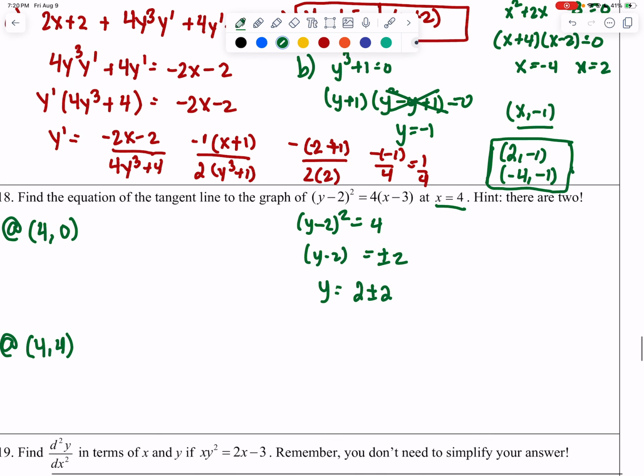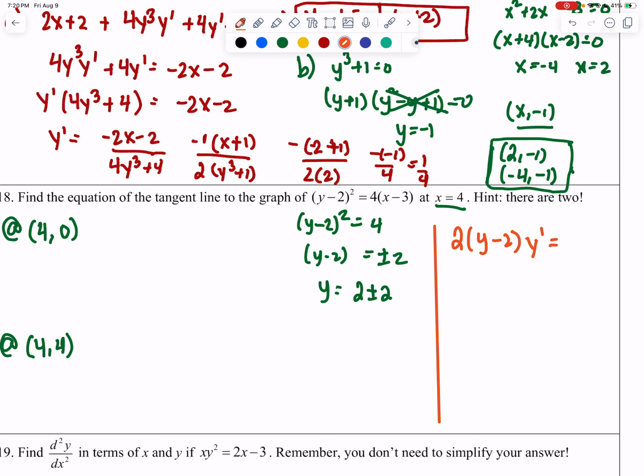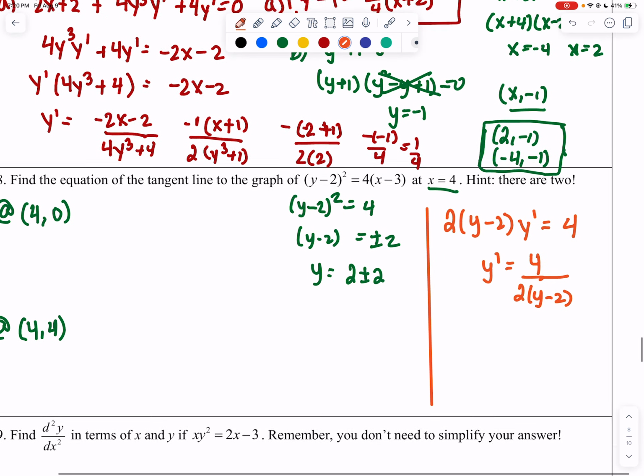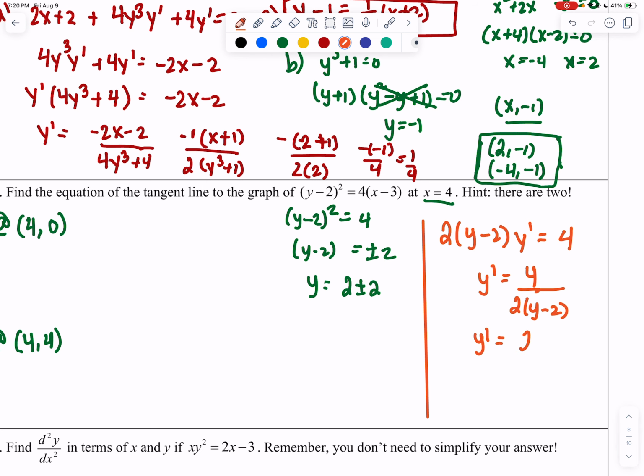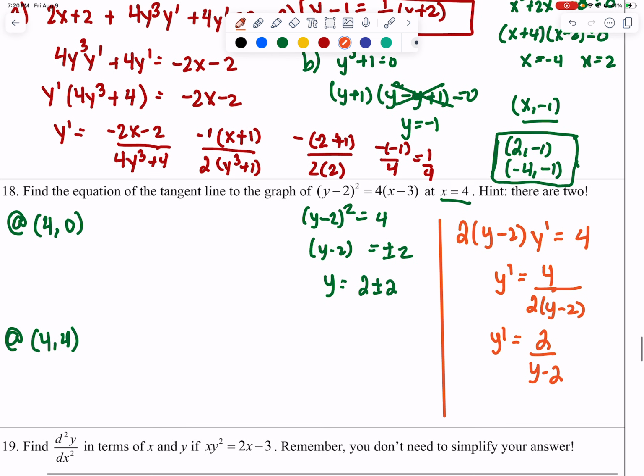Well, we gotta find the derivative first, so let's go ahead and take the derivative of that. This is gonna be 2(y minus 2), and then if I were to use chain rule, the derivative of y with respect to x is going to be dy/dx, or y prime. And then if I take the derivative of x minus 3, that's just going to be 1. So then y prime is equal to 1 over 2(y minus 2).